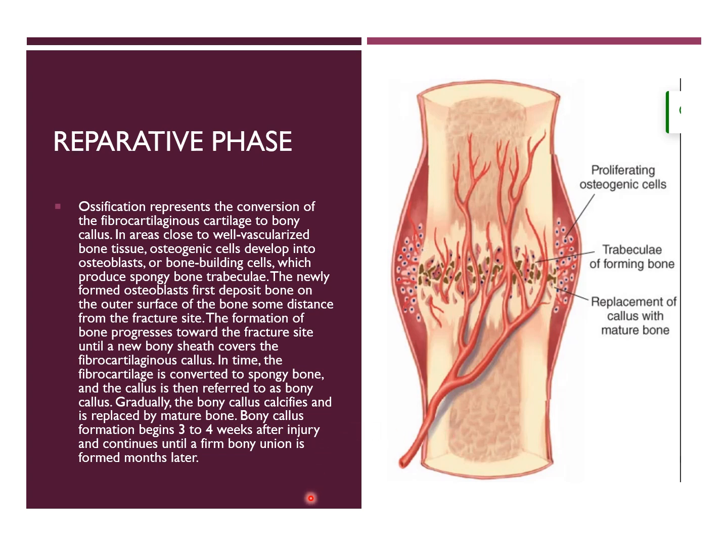And then gradually the bony callus starts to further calcify and is replaced by more mature bone. The bony callus forms at about 3 to 4 weeks post-injury, and that process will continue until there's a really firm bony union. It can take months for that full bony callus to form.